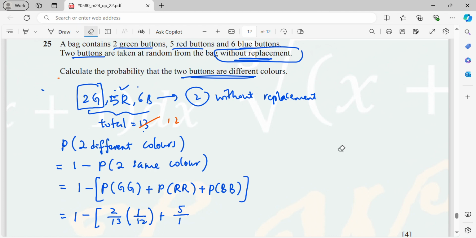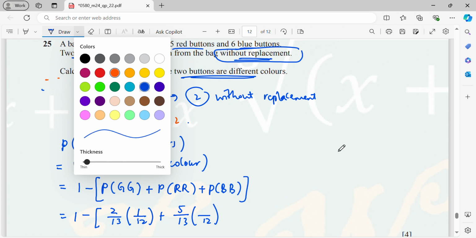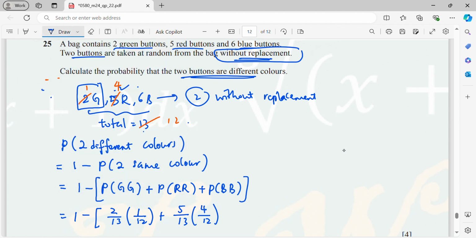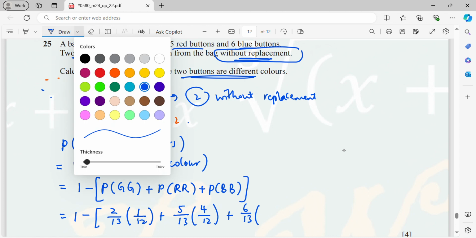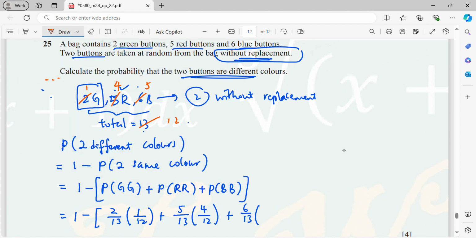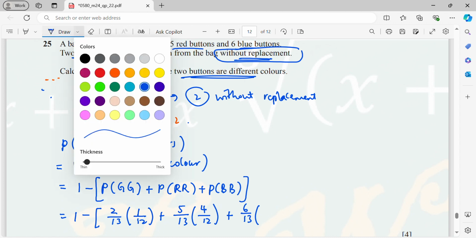Then after you have taken 1 red button, the total left 12, and the red color now becomes 4. So it means that I will be getting 4 over 12 for the second draw of the red button. Now the blue one is still the same. At first 6 out of 13. But after you have taken 1, no more 6, left 5. Therefore it will be 5 over 12.